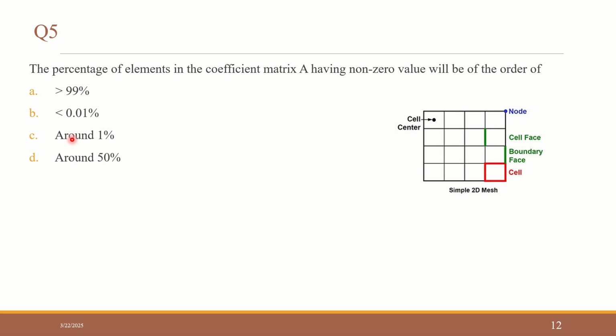How will we find out? For that we need to know which will be zero elements or which will be non-zero elements. We need a rough estimate. We'll see that, but on looking at it, we can say it is around 1 percentage. So option C is the right answer. I'll show how to calculate it in the next slide.